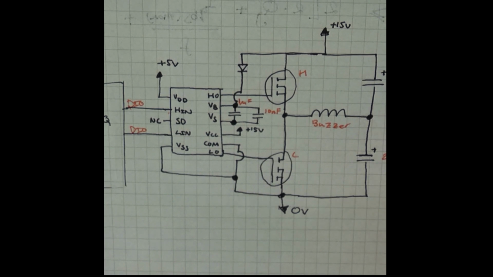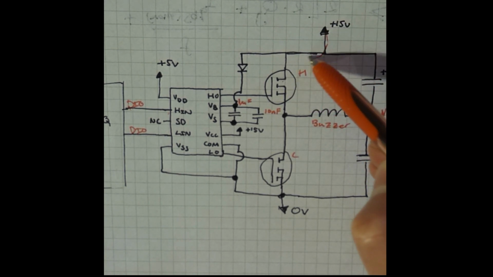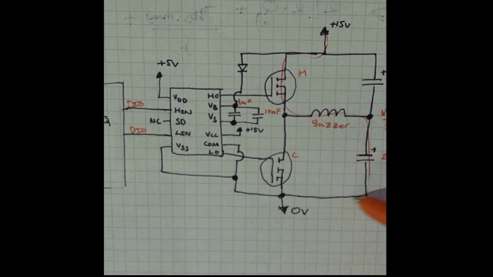I'm using two 220 microfarad capacitors. Those are acting as a voltage divider, so that I've got VCC over 2 here, which then allows me to drive, if this switch is on, then I'm going to have current flow through here, and if this switch is off and this one is on, then I'll have current flow through here.